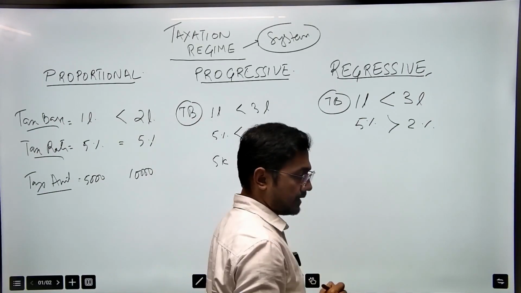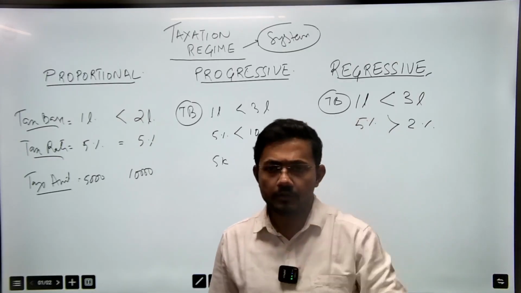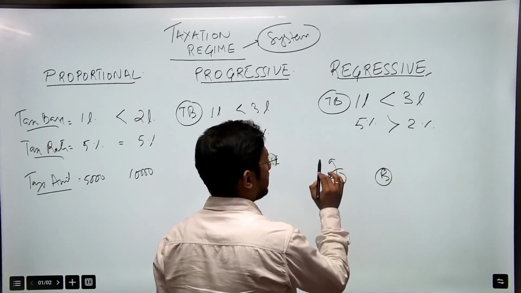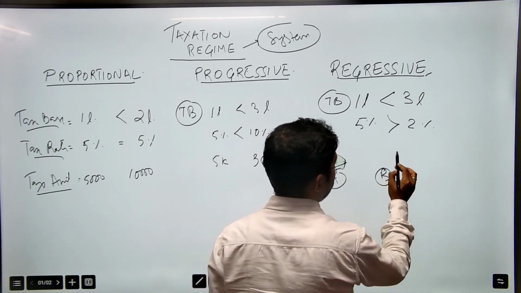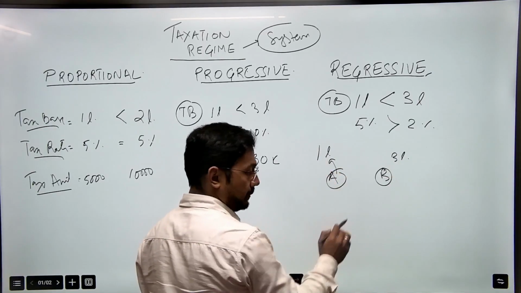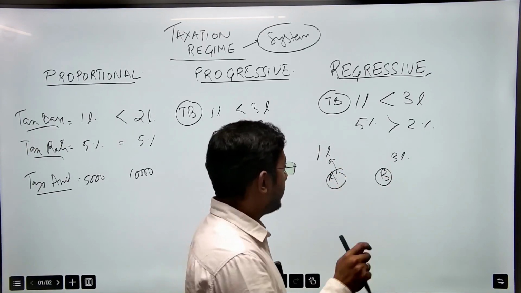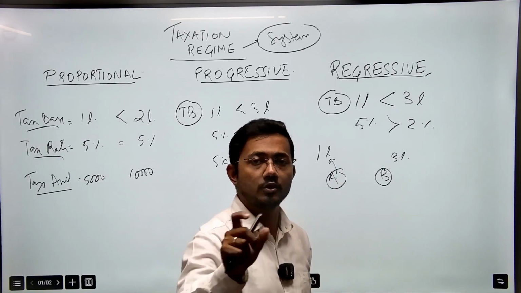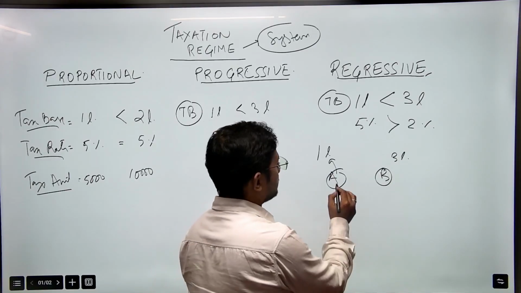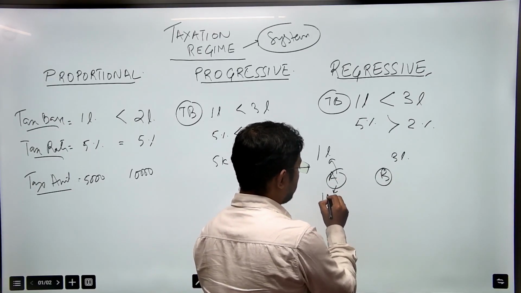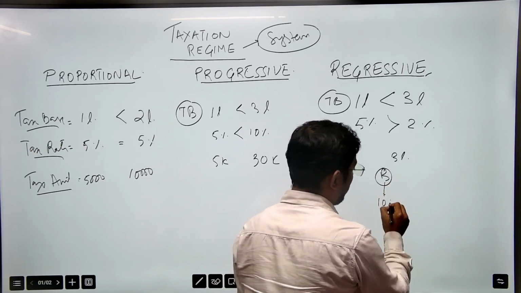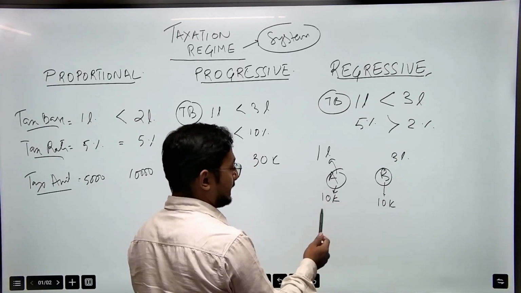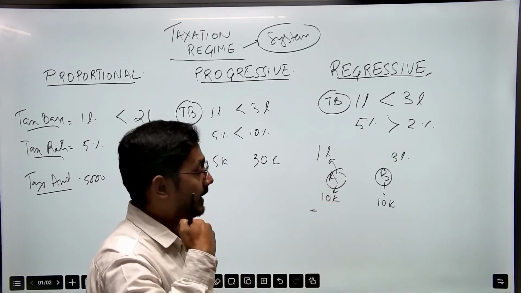Suppose I am giving you an example. Suppose two friends, say A and B, went shopping. A's income is 1 lakh and B's income is 3 lakh. Coincidentally, A and B have done shopping of exactly the same amount, so the tax imposed on their shopping amount will also be the same. Say A has paid 10,000 as tax, so B has also paid 10,000 of tax. Now, what is the tax rate? How much percentage of the income has A given as tax?